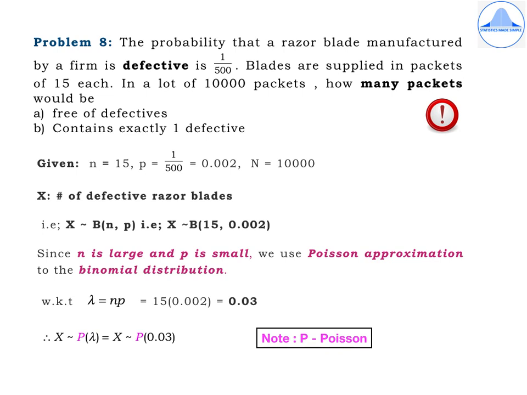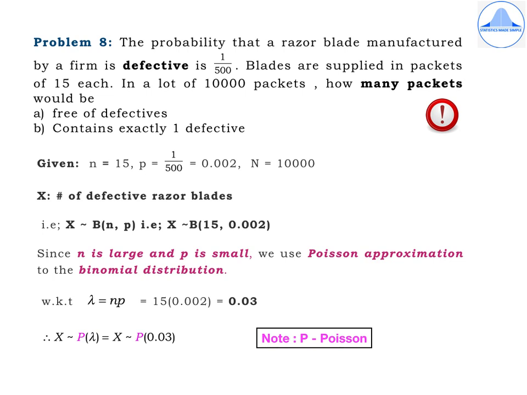Now again in this problem, the word defective is used, hence it will be a binomial distribution problem, and the two parameters which we have to obtain are n and p. So n will be equal to 15 and the probability of a razor blade being defective is given as 1 by 500, which is equal to p, and I have also given capital N as 10,000.